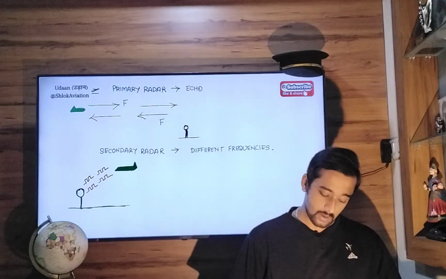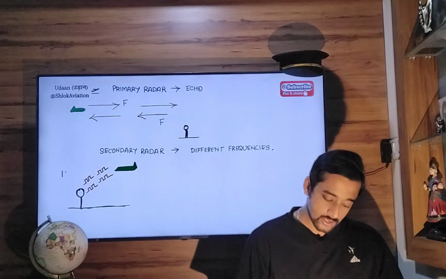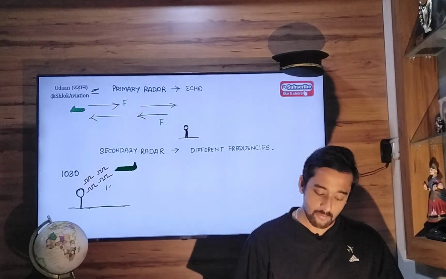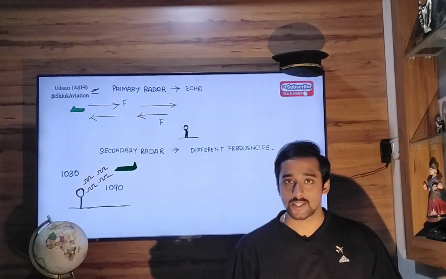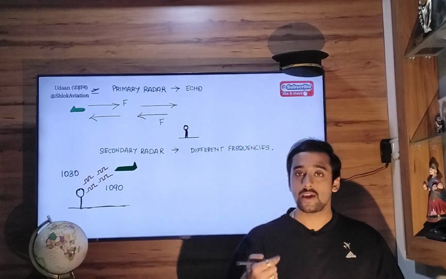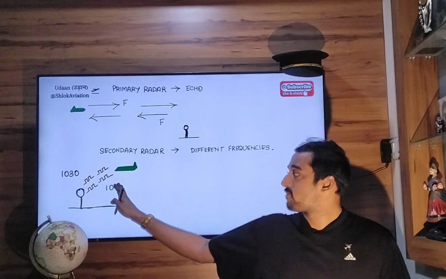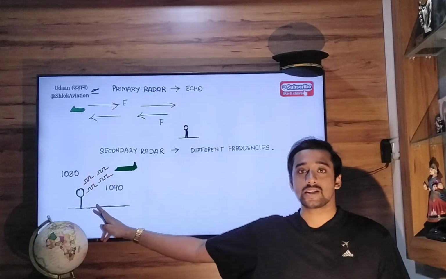Okay, so interrogation pulse is at 1030 megahertz, reply pulse is at 1090 megahertz. Since it doesn't make the use of the echo principle, it uses two different frequencies, one for transmission, one for reception.